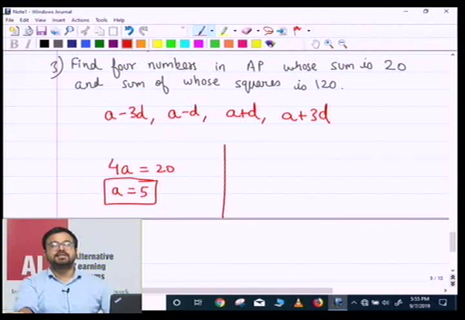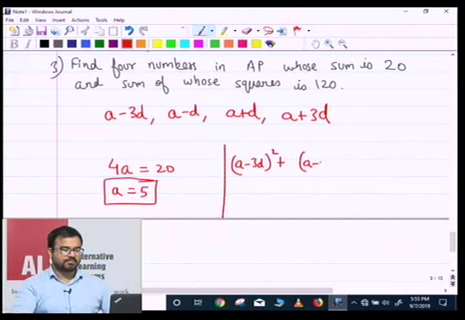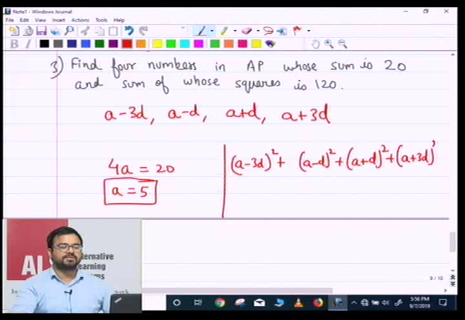Second condition says sum of whose squares is 120. It means (a minus 3d) whole square, (a minus d) whole square, (a plus d) whole square and (a plus 3d) whole square, that is 120.